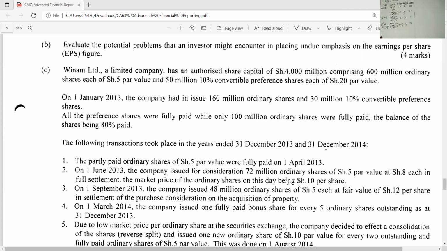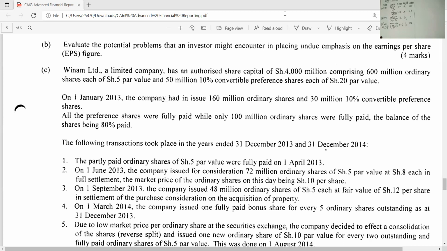That is what I said first. What about this 8? They were never issued at market price. But for note 3, the 48 ordinary shares of shillings 5 were issued at a fair value, at a full market price of 12.